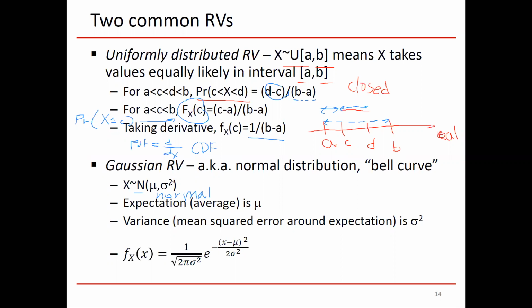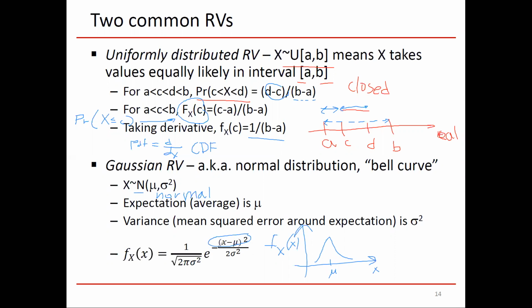The PDF, fx of x, for this Gaussian, this parametric Gaussian distribution, will be 1 divided by square root of 2 pi sigma square, again, sigma square is the variance, multiplied by e to the negative. In the numerator, we have x minus mu squared. Again, mu is the average, the central value. So this would be x, this would be f capital X of x, and this bell curve would be centered around mu.